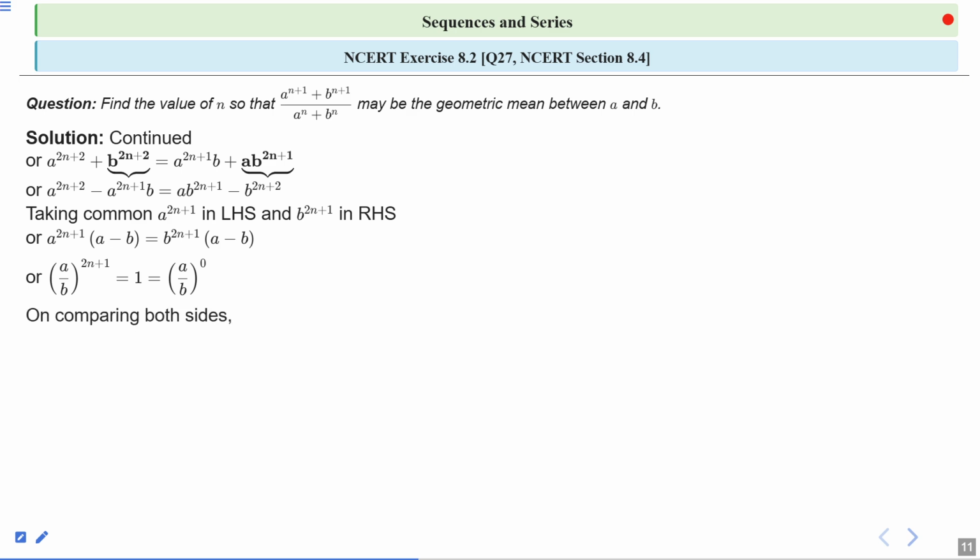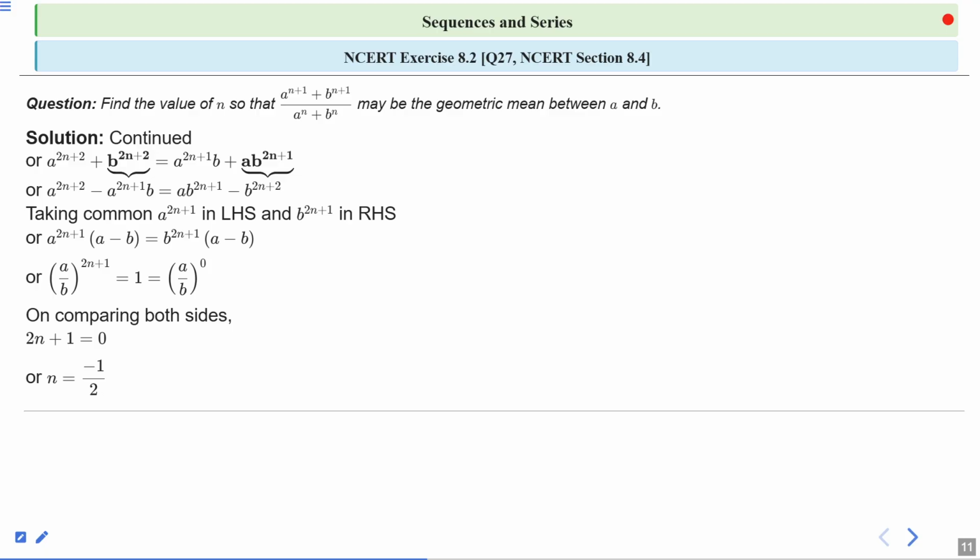So if we compare both sides, (a/b) to the power 2n plus 1 is equal to (a/b) to the power 0. Comparing both sides, you will get 2n plus 1 is 0.